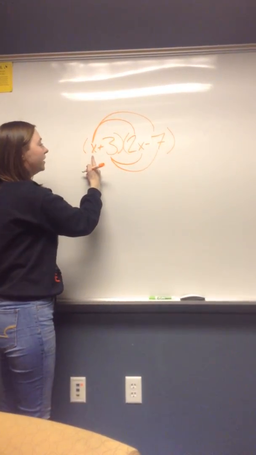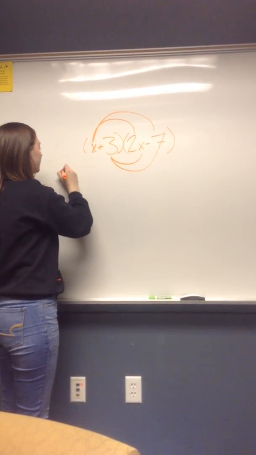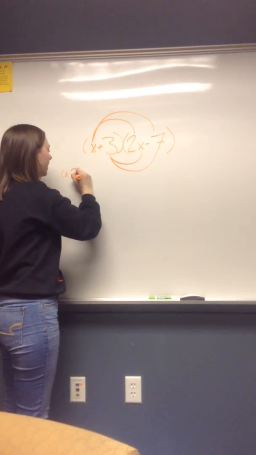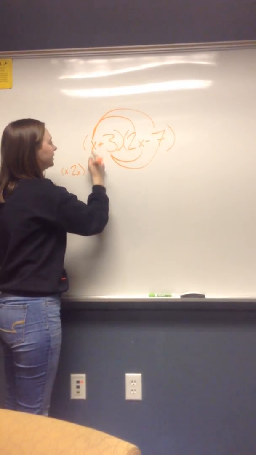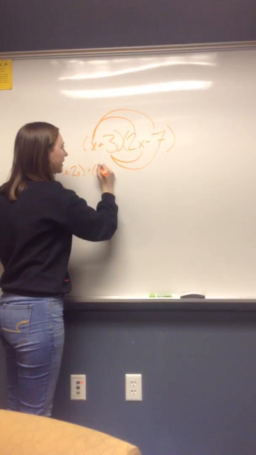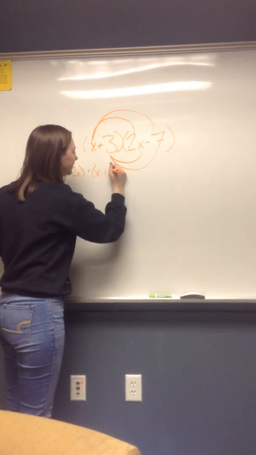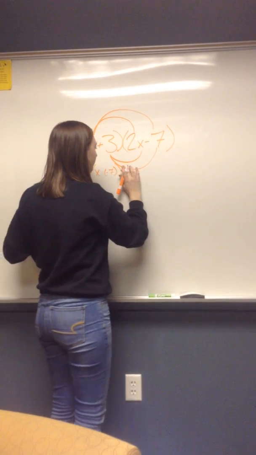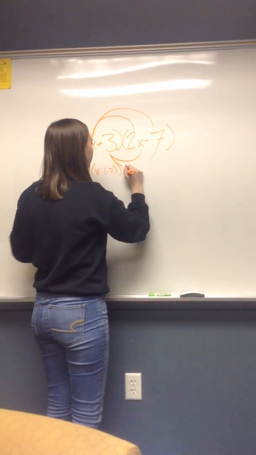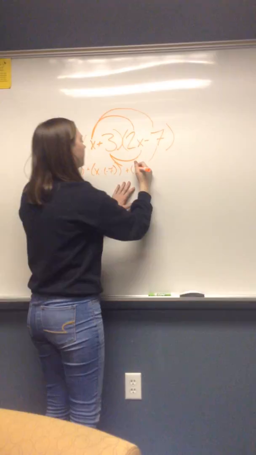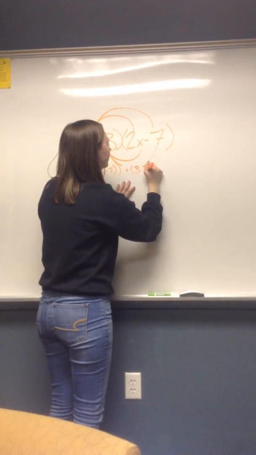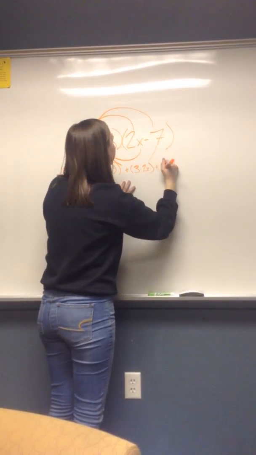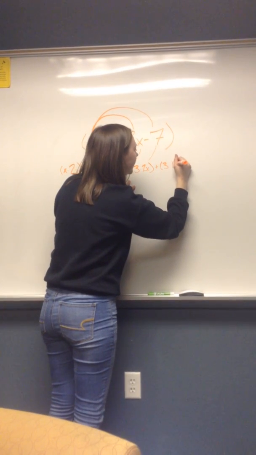So, for example, we have x times 2x plus x times negative 7, plus 3 times 2x plus 3 times negative 7.